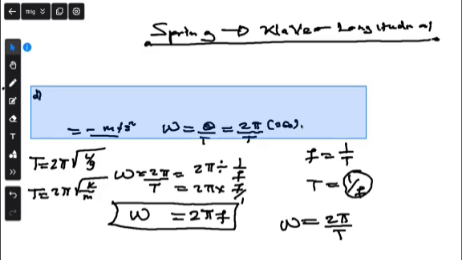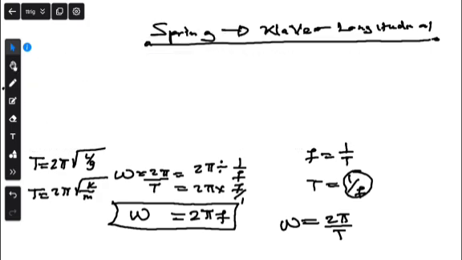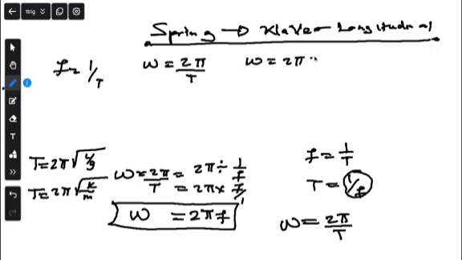So these formulas are very, very important. So let me write the formula for frequency, which is this one here, and also the formula for angular velocity, which is this one here, or we can say angular velocity is equal to 2 pi f. Then apart from that, we also have the period, which is equal to 2 pi root of k, the spring constant, divided by the mass, which is m.